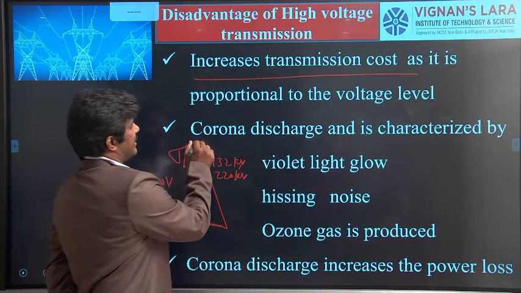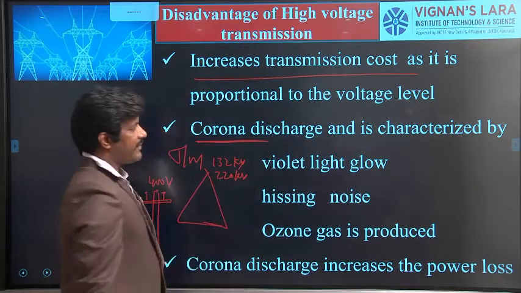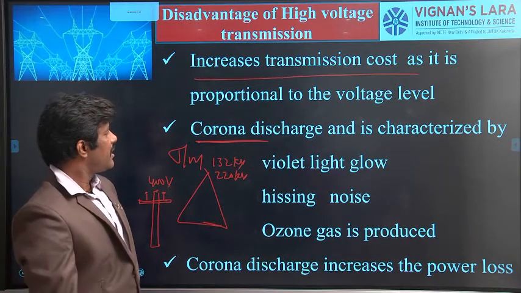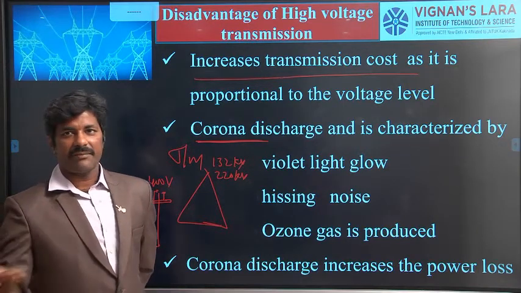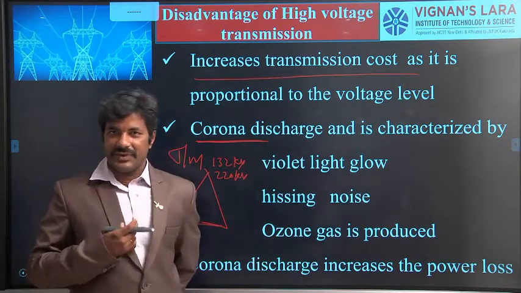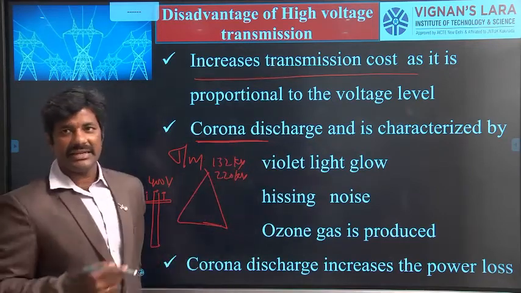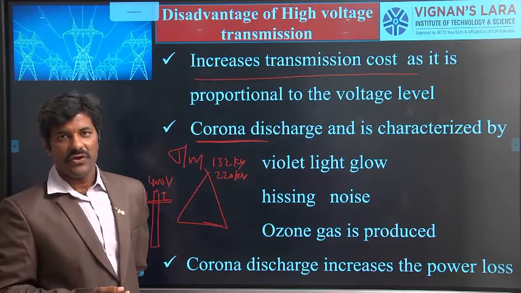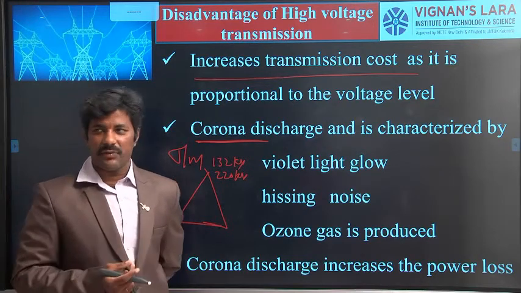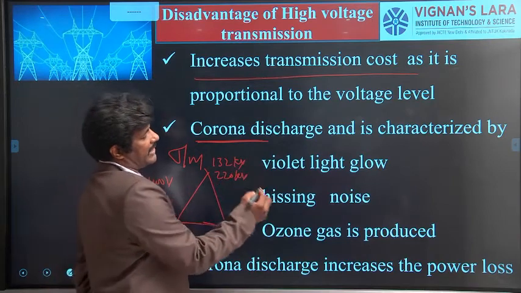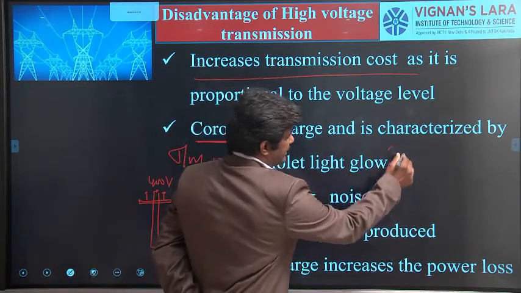And next, if the line is operated at very high voltage, it will be affected with a phenomenon called corona, which is different from our actual situation what we are facing now. So this corona you can observe in our electrical power system network also. Whenever it is operated at very high voltages, the air around the wire will be ionized.